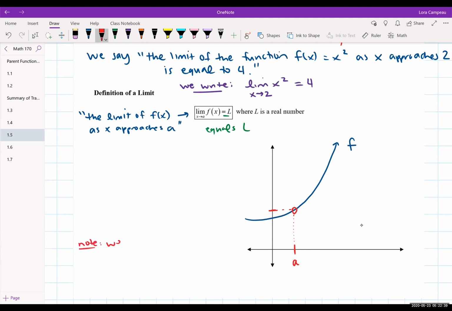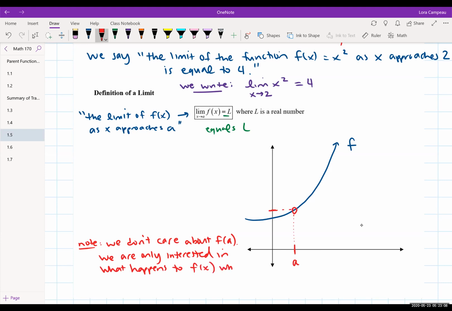We don't necessarily care about the function evaluated at a. We are only interested in what happens to f of x when our x values are near a.